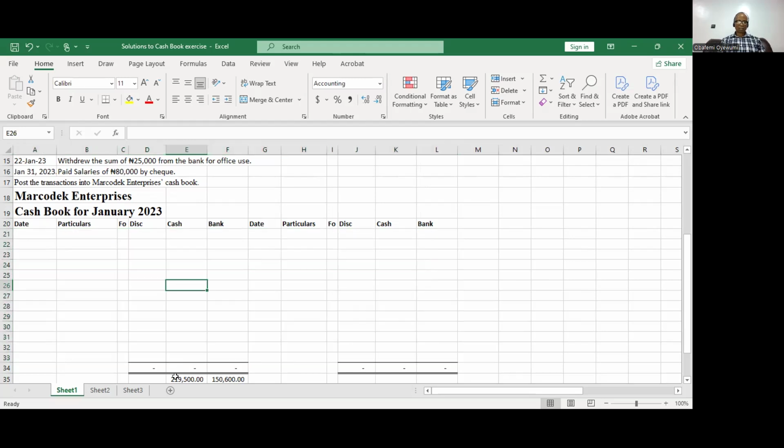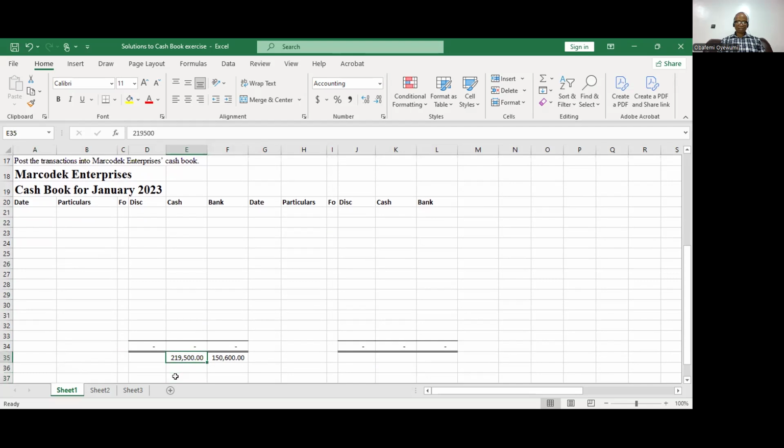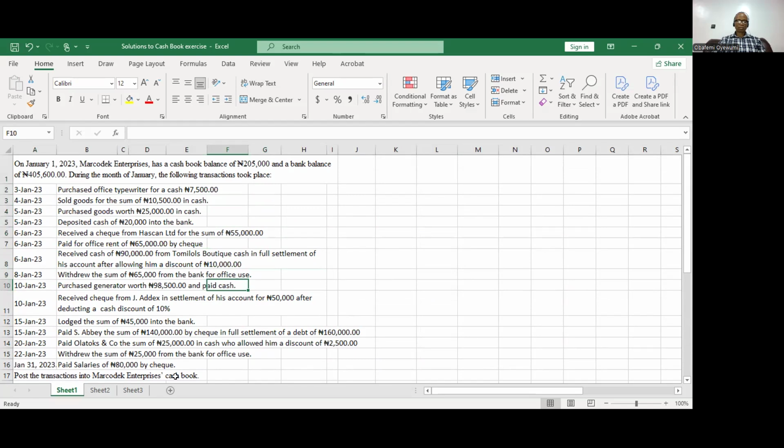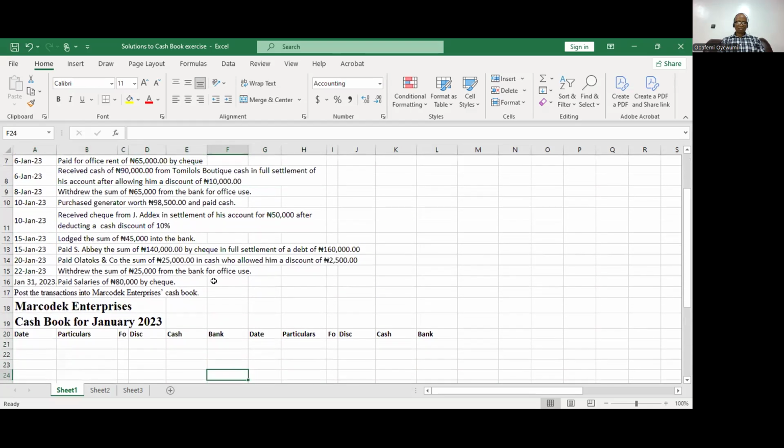So let's try to solve our transactions now. Okay, so here we have the solution that we want to provide as much as possible. We're going to be looking at this example, the transactions, one after the other.